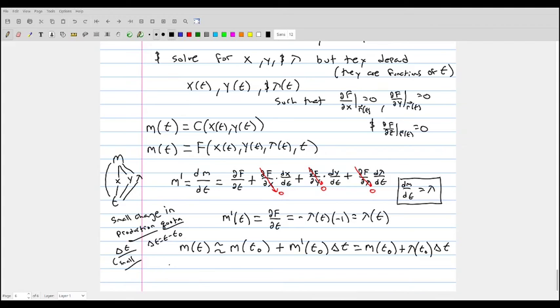Or for small delta t, m of t minus m of t naught, the difference in the minimum, is approximately equal to lambda of t naught, the Lagrange multiplier at t naught, times this difference, delta t.